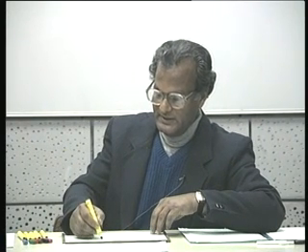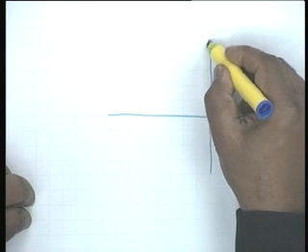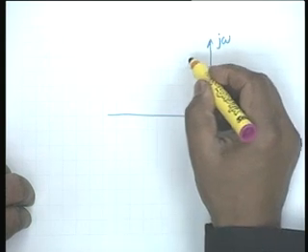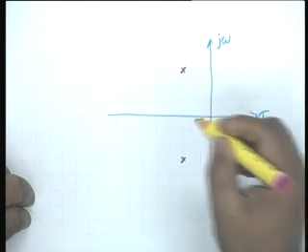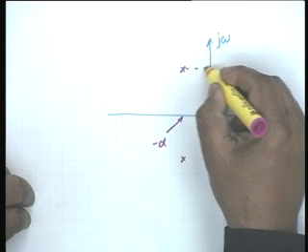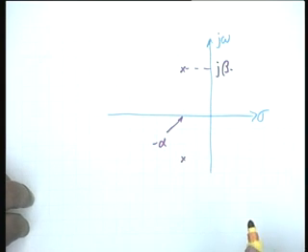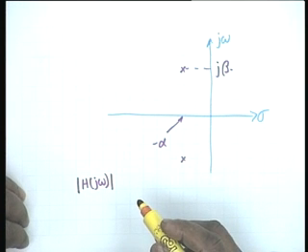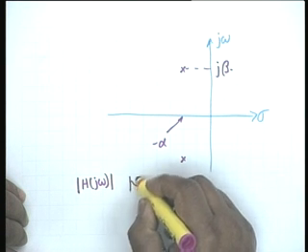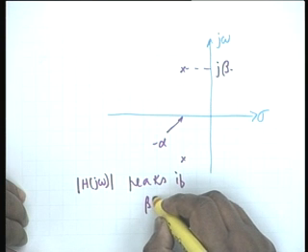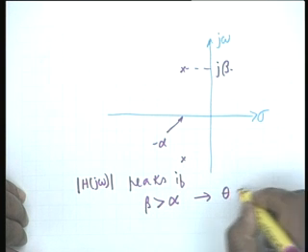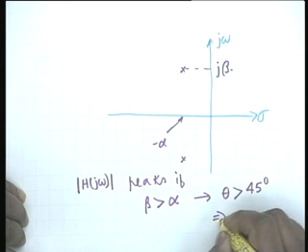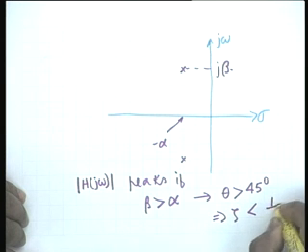And in terms of alpha and beta, if I write this again, j omega, sigma, and the poles are at minus alpha plus or minus j beta, then we showed that the response, that is h of j omega magnitude, has peaking if beta is greater than alpha, that is theta is greater than 45 degrees, or zeta less than 1 by root 2.